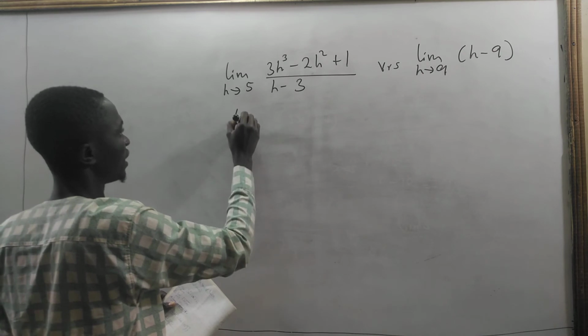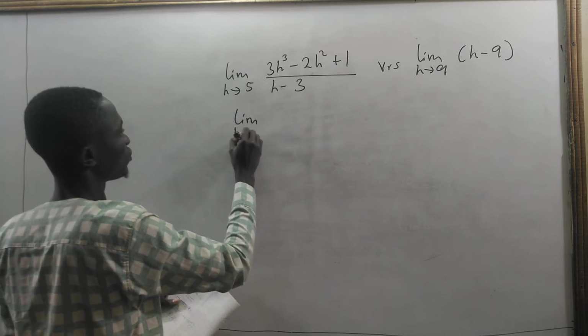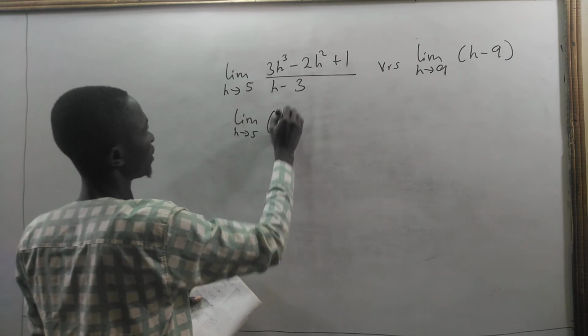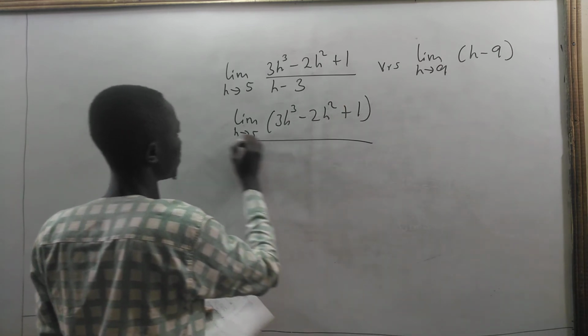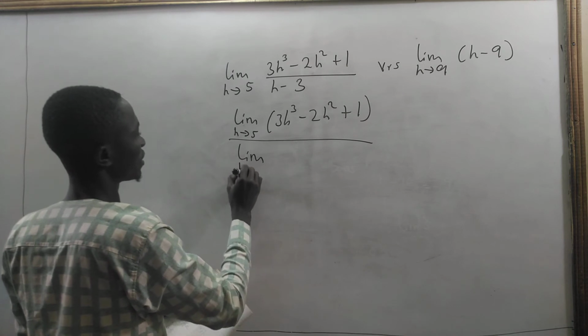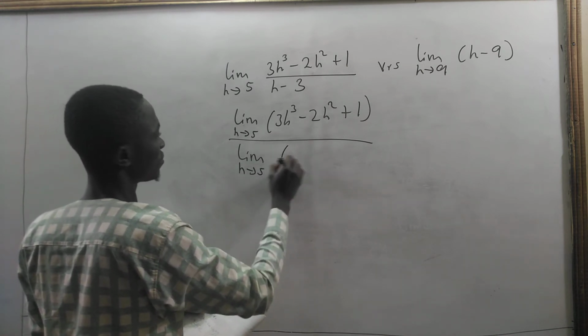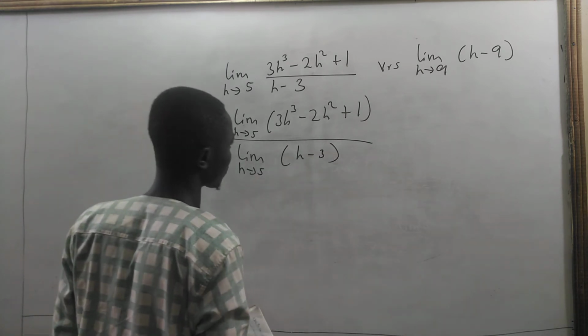So we take the limit as h approaches 5 of 3h cubed minus 2h squared plus 1, divided by the limit as h approaches 5 of h minus 3.